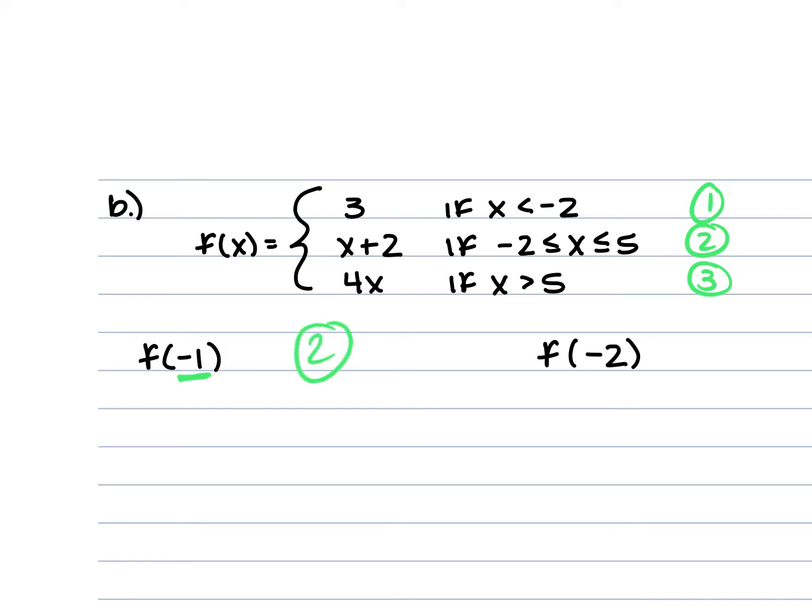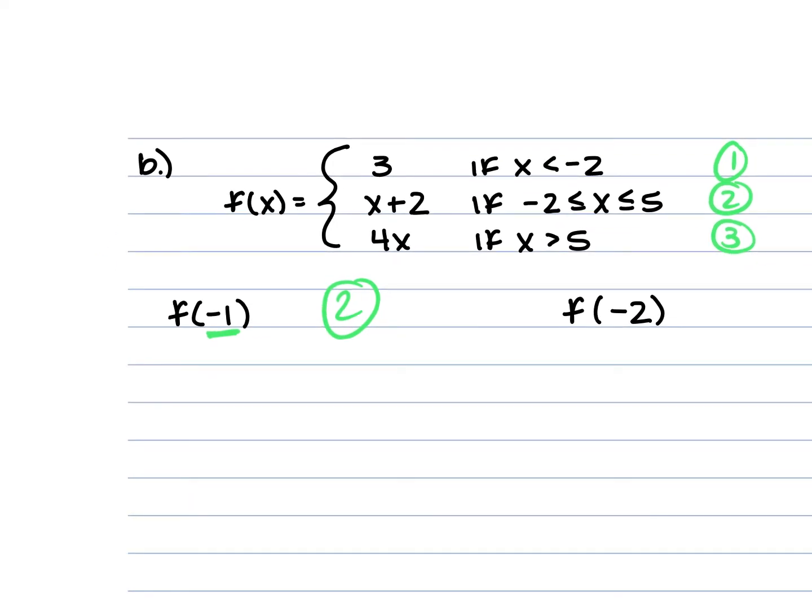So which piece are we accessing when we have -1? Piece 2. So let's write down our function. What would our function be for piece number 2? f of x equals x plus 2. Do we all see where this x plus 2 is coming from? It's coming from the second piece because that's where -1 fits.